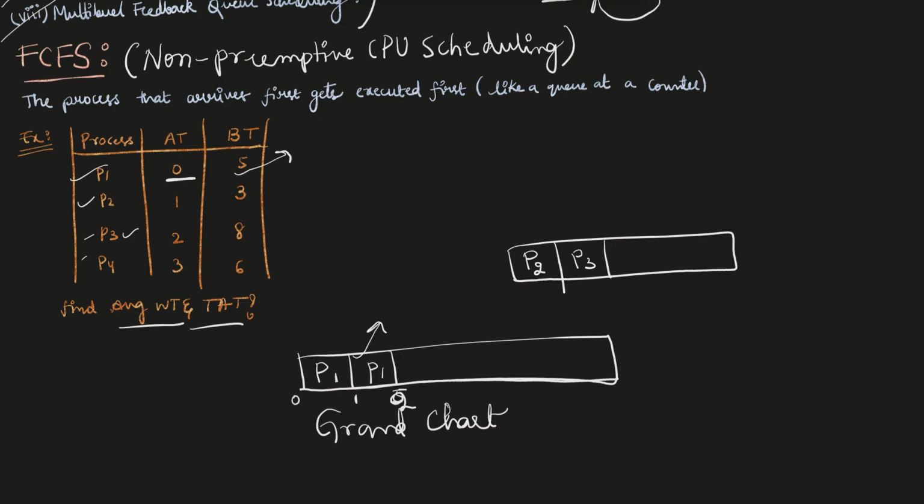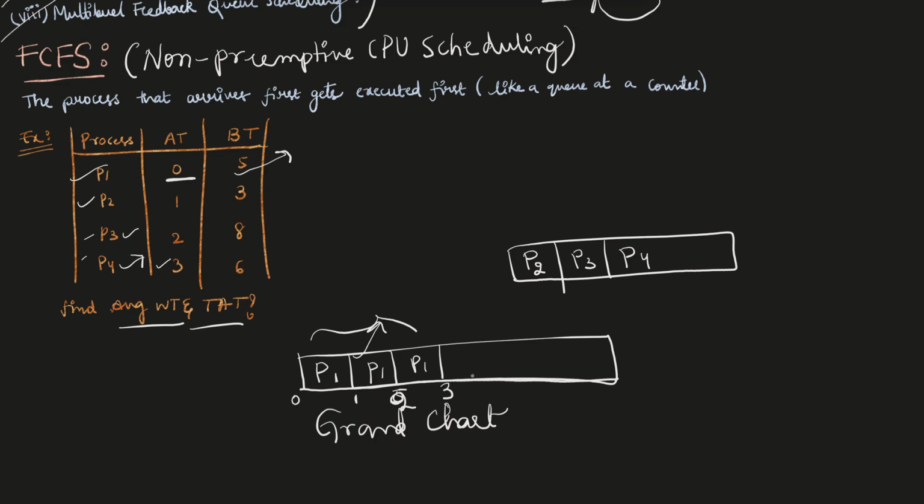Now P1 would move one more unit, 3 units. What process has arrived? Process P4. But P4 cannot run because it is FCFS. Until and unless P1 completes its execution, the next process will never get a chance. So that's the reason P4 waits.